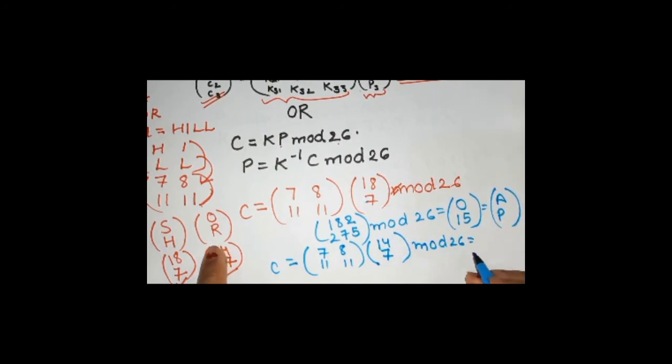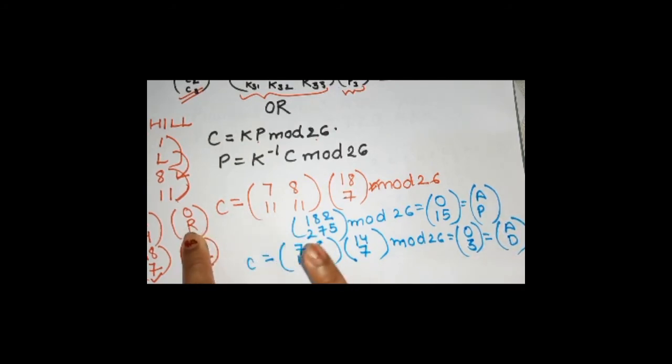Now when you perform mod 26 here, it will give you the value as 0 and 3, and 0 is written by A and 3 is written by D. So when you convert O and R into ciphertext, this is the value that you get by using Hill cipher. So this is the encryption technique. And how do you decrypt it?